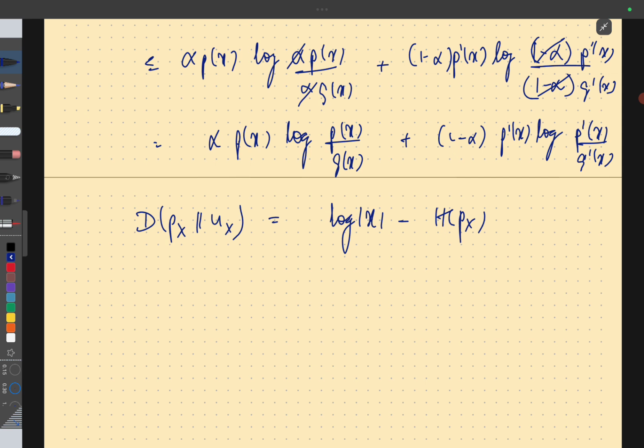Since the KL divergence is a convex function, if I view this as a function of Px, then this quantity is a convex function of Px, which must mean that H of Px is a concave function of Px.